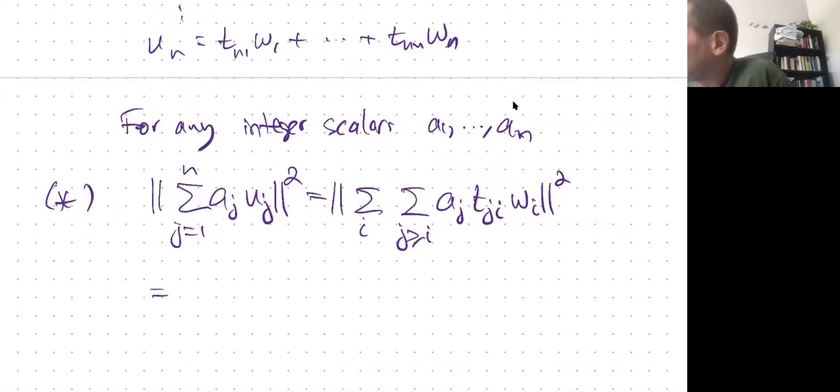But now, since it's the Euclidean norm, and the Wi's are orthonormal, I can pull them out, and I get a sum over i of a number, not a norm, just a number.